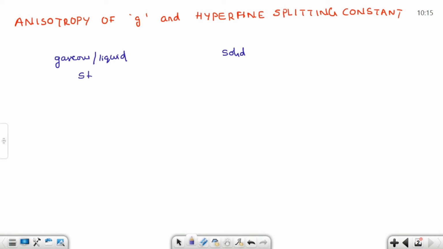So we are differentiating the matter into two states: gaseous or liquid state, and the solid state, to explain the anisotropic nature of the G value. When you take the sample in gaseous or liquid state, the free electron moves in all directions freely.